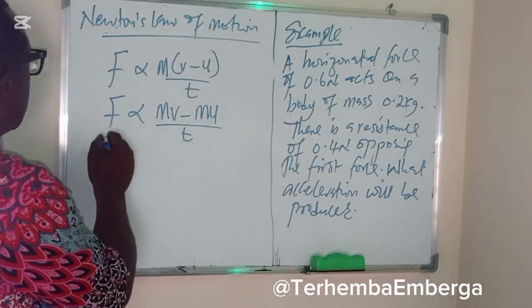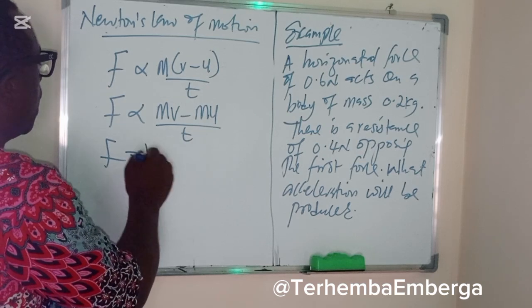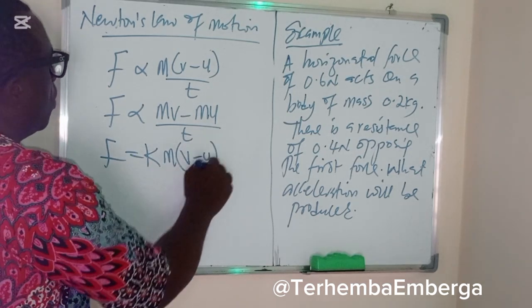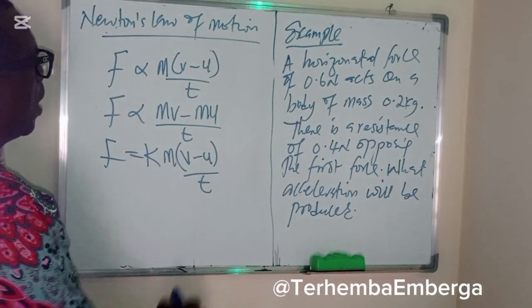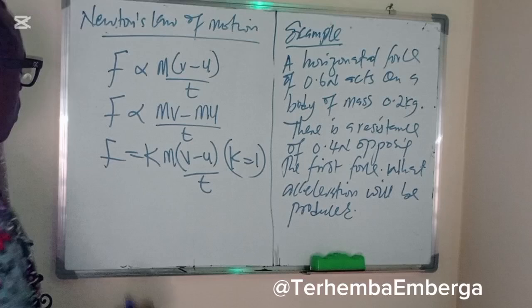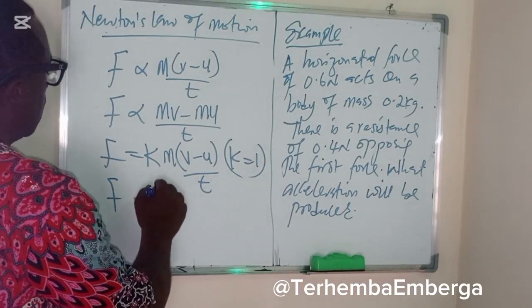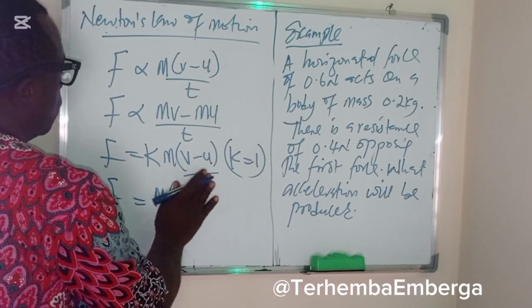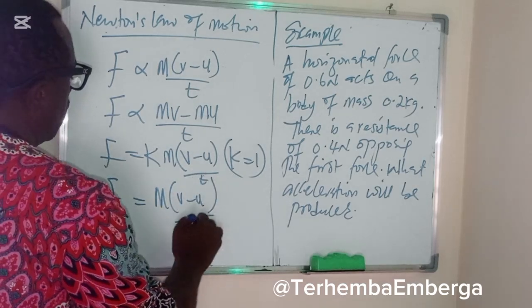So we don't work with a proportionality constant. We introduce a constant, F is equal to k m(v minus u) all over t, and we assume that k is equal to 1, or unity. So this can be written as m(v minus u) all over t.